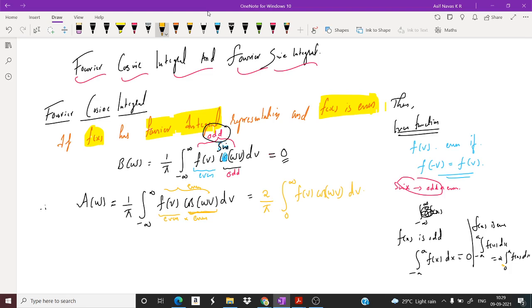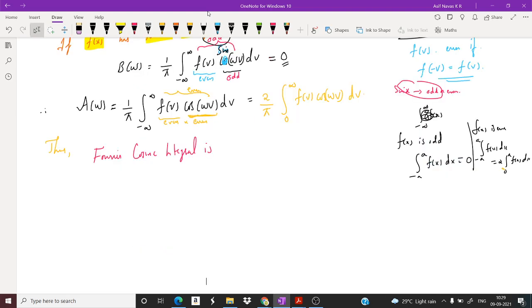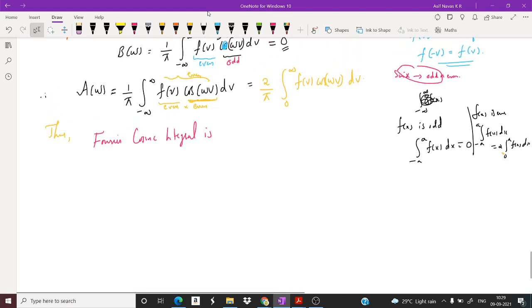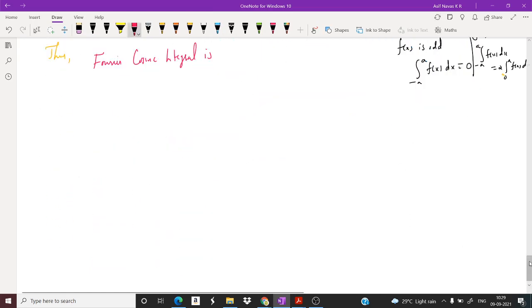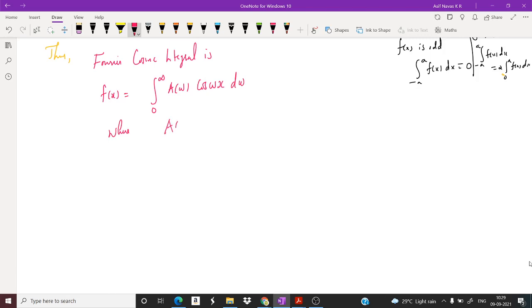So this Fourier cosine integral is, so if f of x is even, then Fourier cosine integral is of the form f of x is equal to integral 0 to infinity a of omega cos omega x d omega, where a of omega is equal to 2 by pi integral 0 to infinity f of v cos omega v dv.